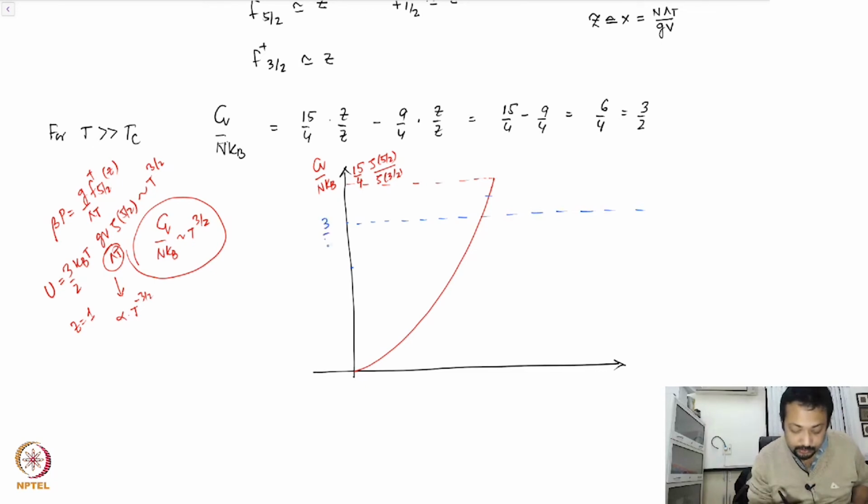So this is going to be 3 by 2 approximately, and therefore one expects that the high temperature curve should look something like this.